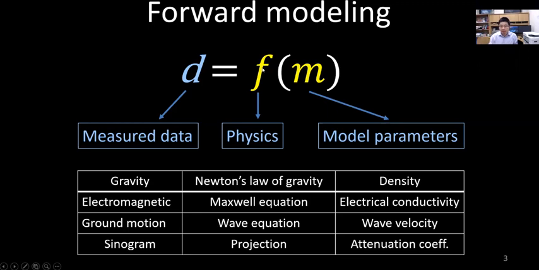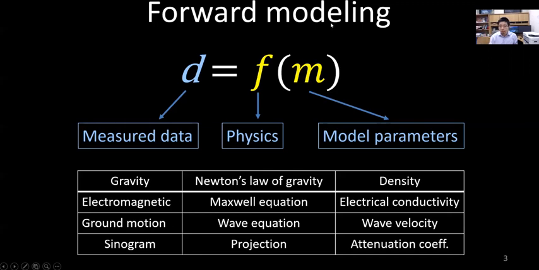F is a mathematical representation of Newton's law of gravity, as well as the survey geometry we decide to use to do the forward modeling. And m would be the density distribution that we use to describe the 3D Earth.